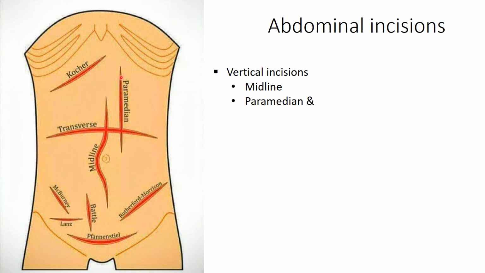Now generally in case of this incision, we cut through the skin, then the anterior rectus sheath is cut, the rectus abdominis is retracted laterally, then the posterior rectus sheath is cut, and then the fascia transversalis, or in the lower portion transversalis fascia, is cut, then the extraperitoneal tissue and the peritoneum are cut.